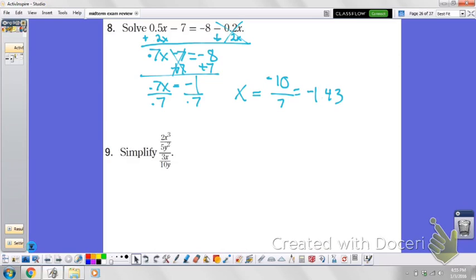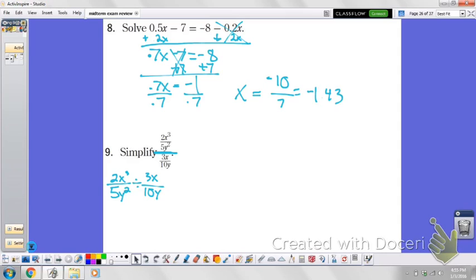Number 9, I'm simplifying the expression 2x to the power of 3 over 5y squared, all divided by 3x over 10y. So I'm going to rewrite this as 2x to the power of 3 over 5y squared divided by 3x over 10y.